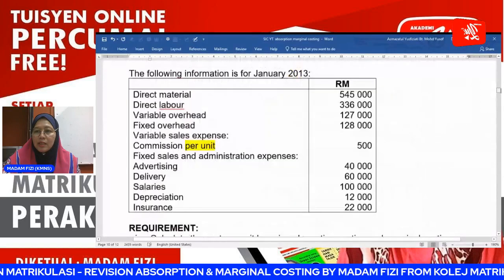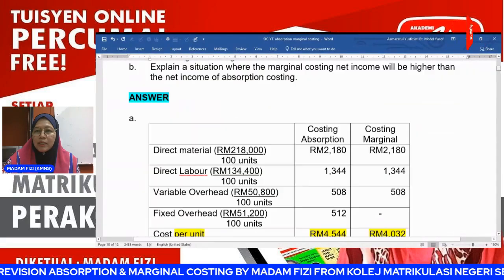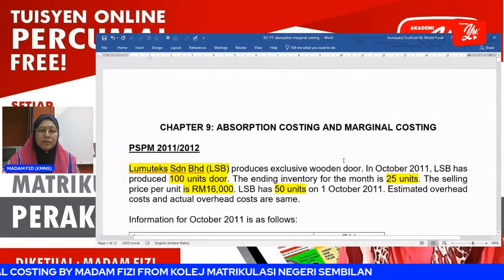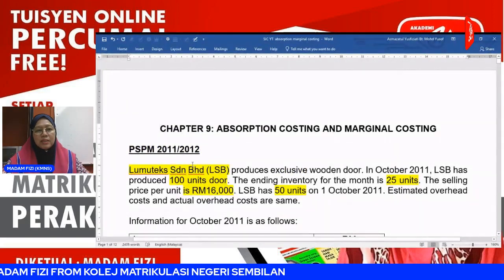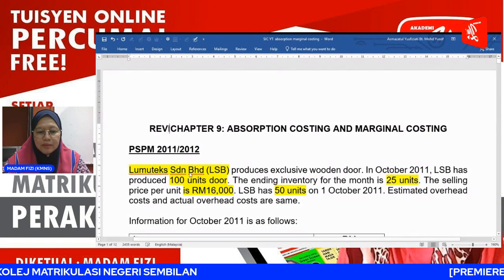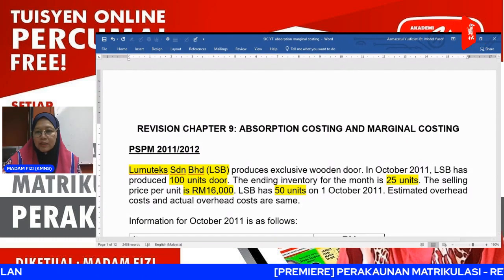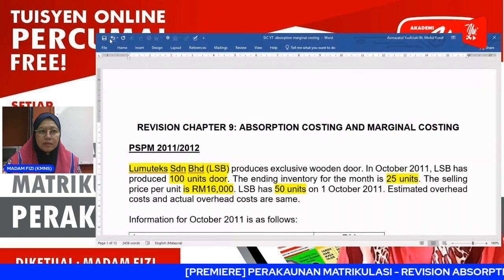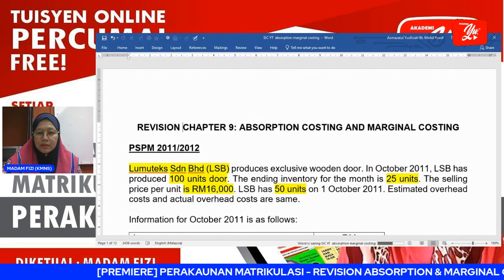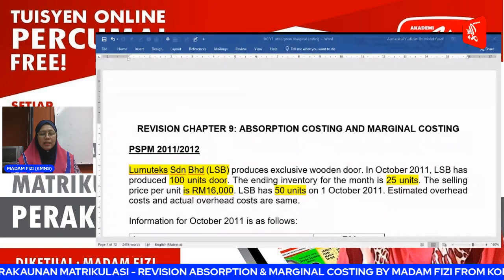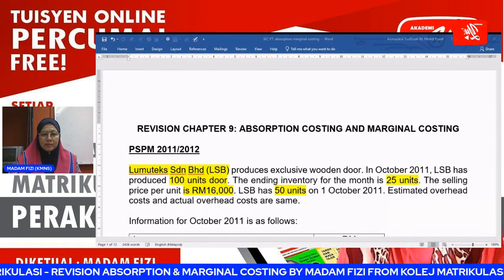Okay, I hope that awak akan buat semua soalan past years dalam soalan SIC. Okay, this one is the revision. Okay, kita dah habis dah dengan soalan revision.